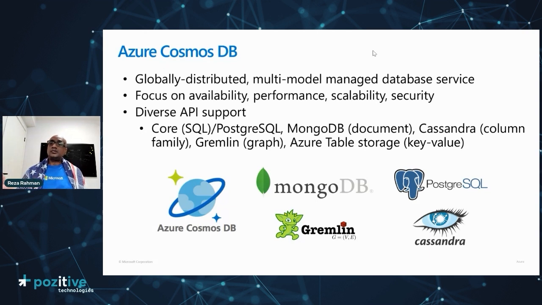You can also, Azure Cosmos DB can also speak Cassandra. Okay, so this is a column family type database. It's actually again one of the more popular NoSQL databases out there. So it can behave as though it is a column family database. It can behave as though it is a graph database using the Gremlin API. And finally, it can also support just key value types as well, right?